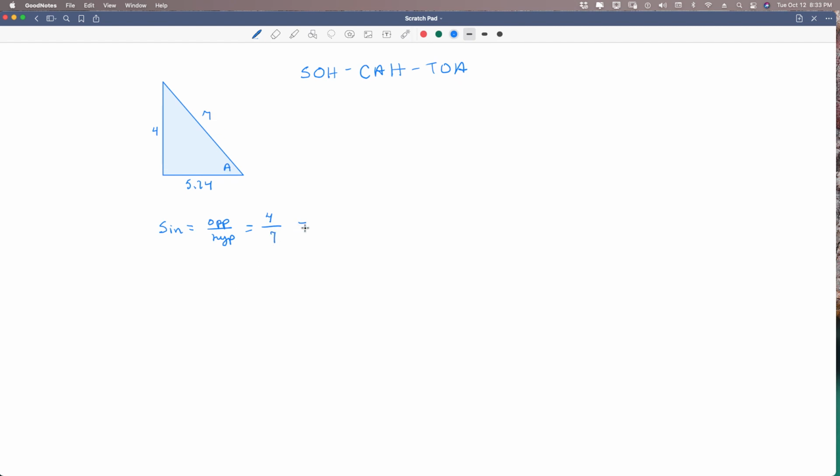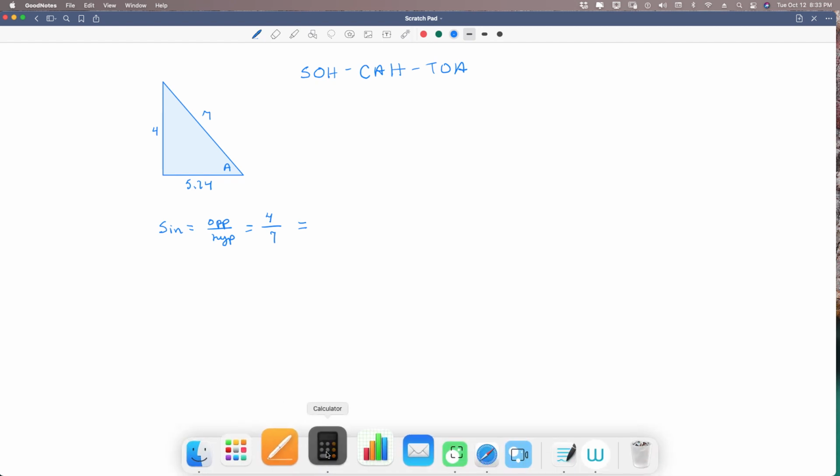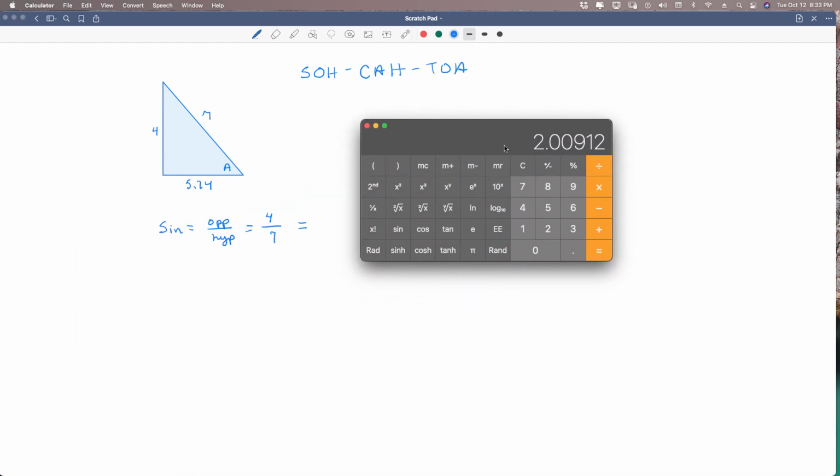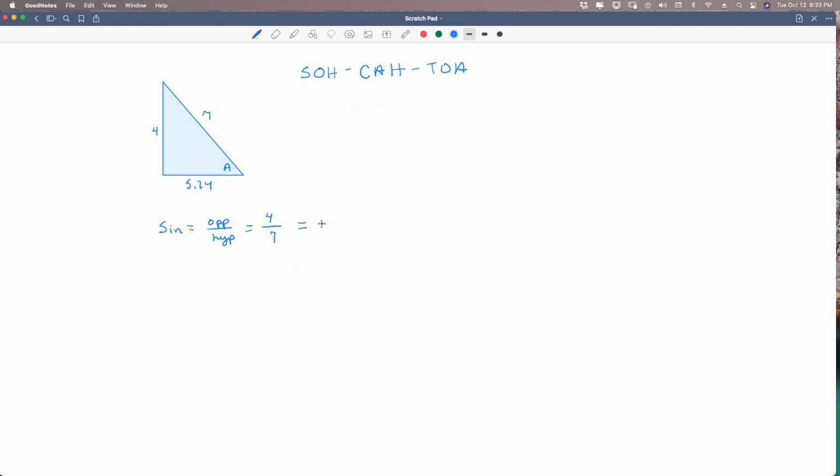All right, so now we can use our calculator. And we're going to say 4 divided by 7. Okay, that's 0.5714. Let's round that to 0.57. Approximately 0.57 because we rounded it.